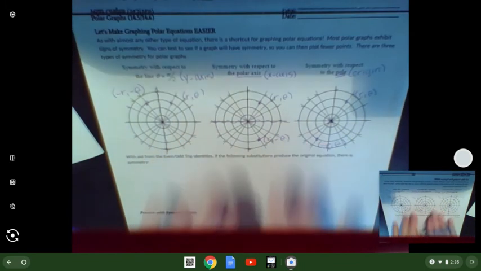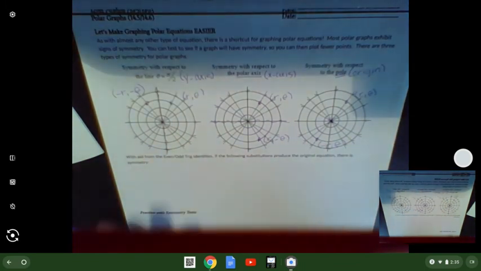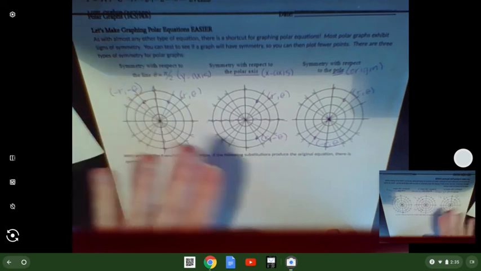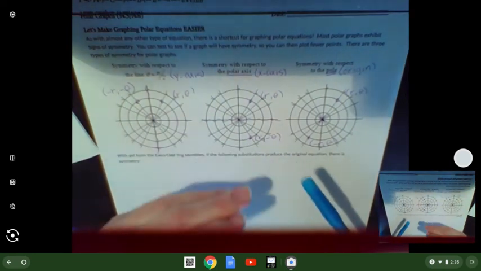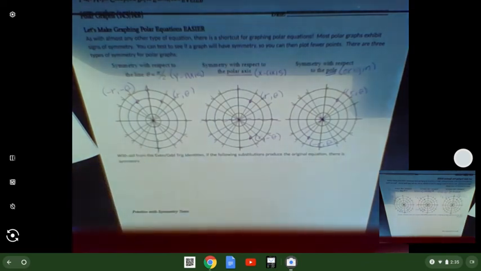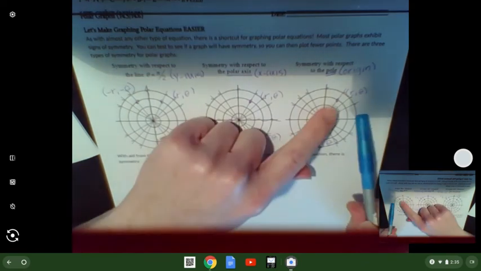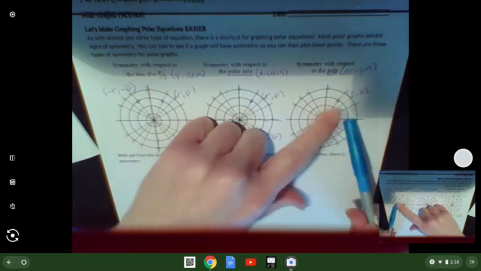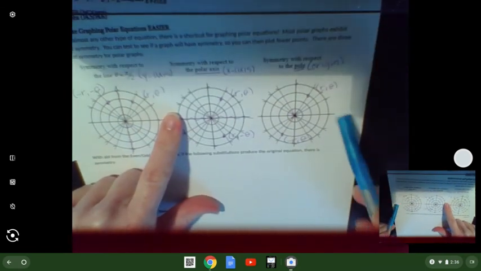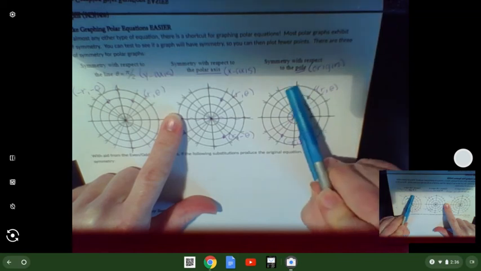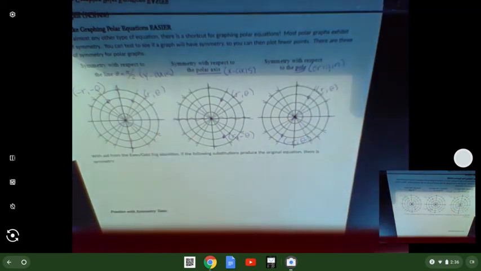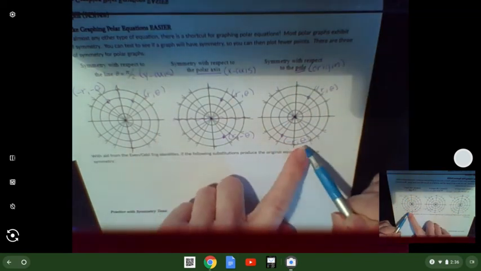Now, when we did talk about these in the last notes, I did briefly talk about the other set of coordinates and what reflecting would mean. This is where the extra set of coordinates is going to become important. So first things first, I actually think it's easier to come up with these coordinates starting on the right-hand side. We said if I had a random point r, theta up here in the first quadrant, if I had symmetry with respect to the pole, then we also have this point negative r, theta.